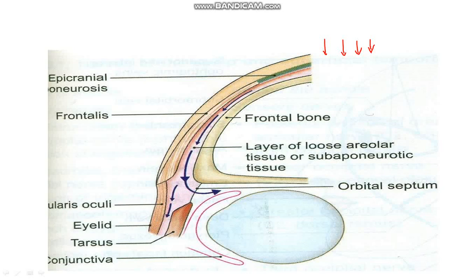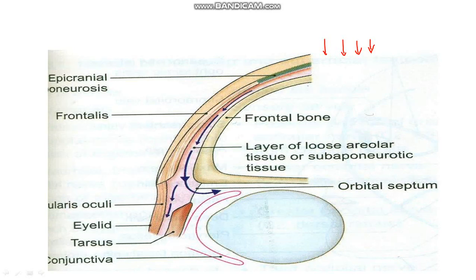On the posterior aspect, the frontalis is not firmly attached to any bony landmark. It is directly continuous with the skin and subcutaneous area over the eyebrow.